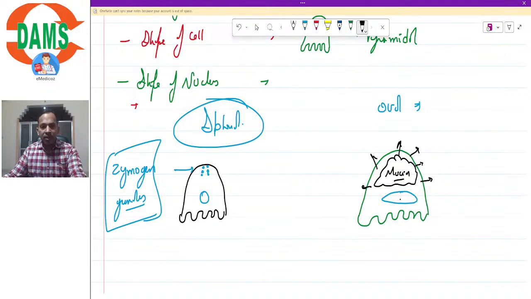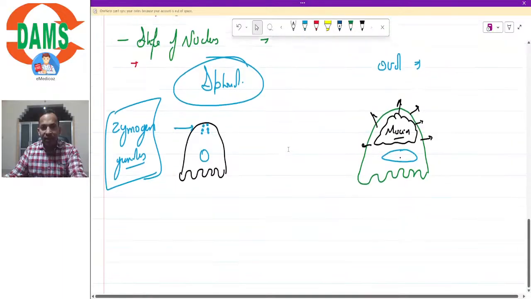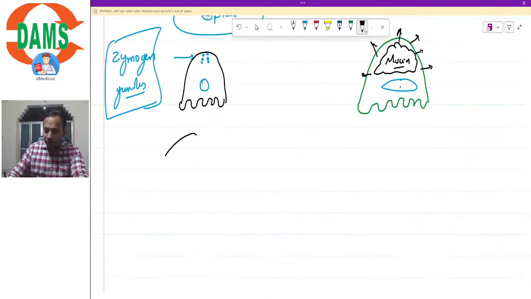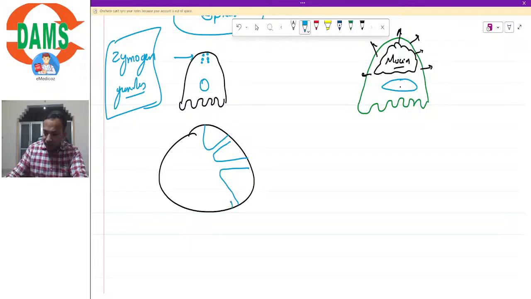So what happens is that in case of serous unit, let's say this is the serous unit, you would notice intercellular spaces between the cells, right? There would be intercellular spaces between the cells.